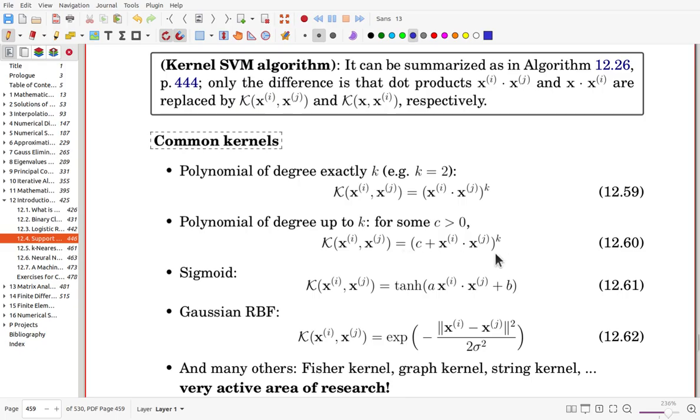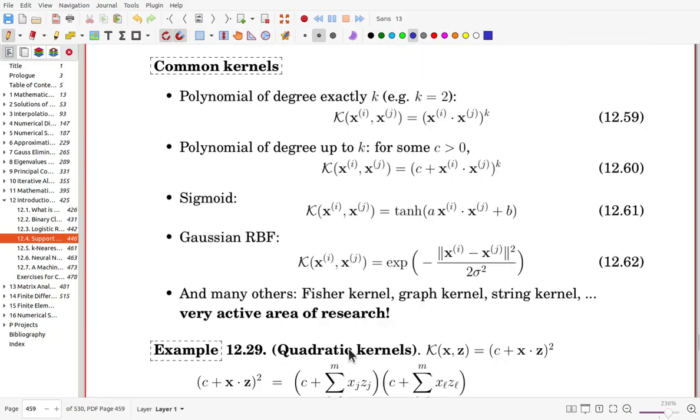You can also use the hyperbolic tangent function for the kernel function. And now we consider this one, the Gaussian kernel. There are also many other kernels, such as the Fisher kernel, graph kernel, and string kernel, and this is an active research area.